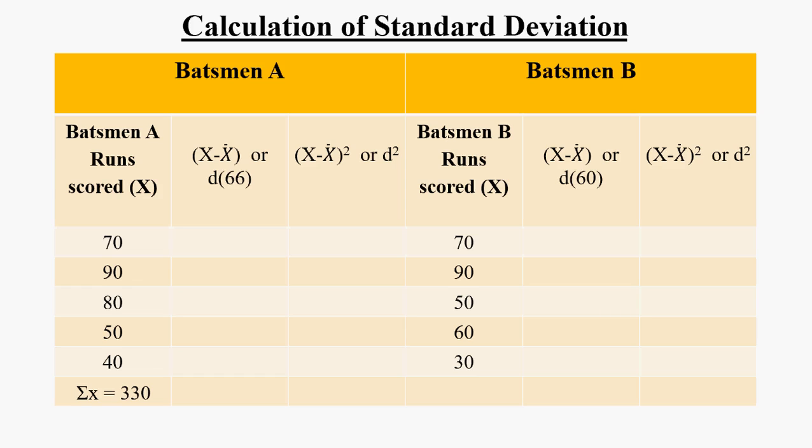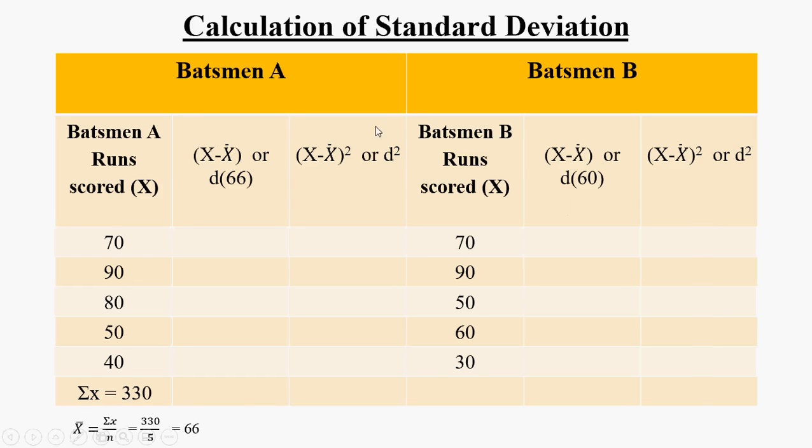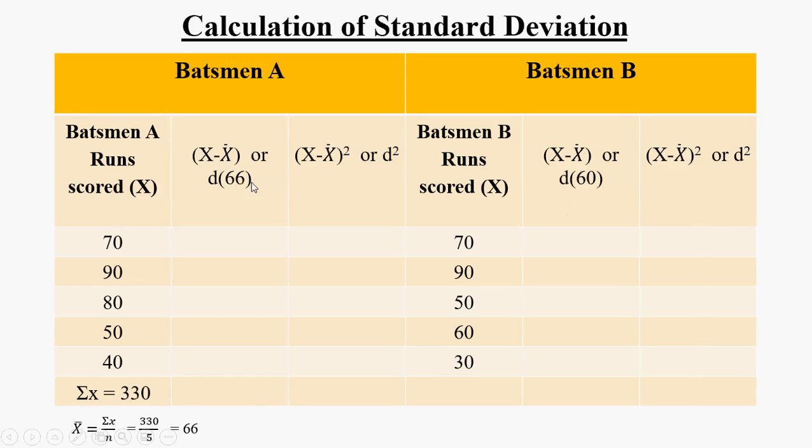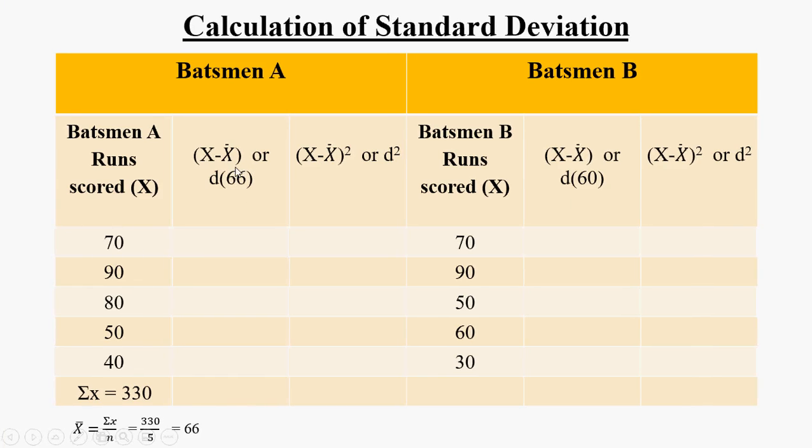The next step is to calculate the mean, x dash, using the formula x dash is equal to sigma x by n. Sigma x is 330 and the number of counts n is 5. If you divide 330 by 5, you will get 66. That is what I have written here in this second table, 66. This will not be given, dear students.